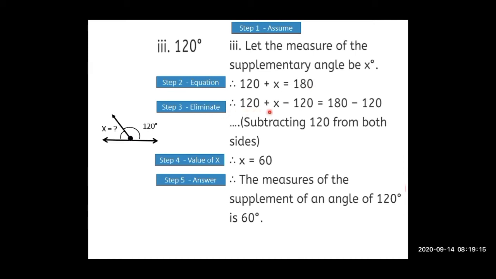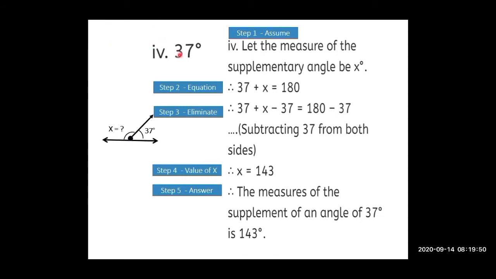Therefore, 120 plus x minus 120 equals 180 minus 120, subtracting 120 from both sides. Step 4 will be the value of x. What is the value of x? 60, because 180 minus 120 equals 60. So our answer is, therefore, the measure of the supplement of an angle of 120 is 60 degrees.